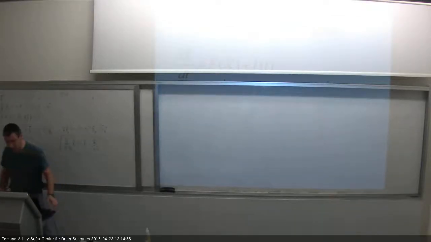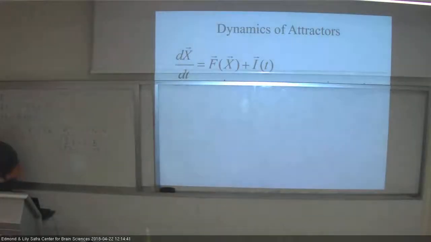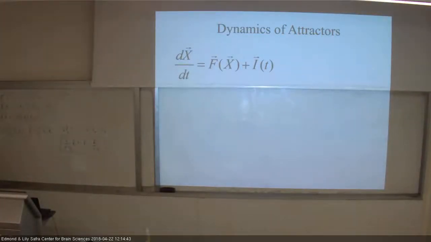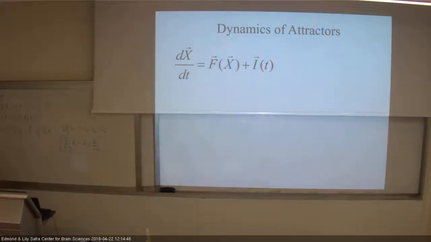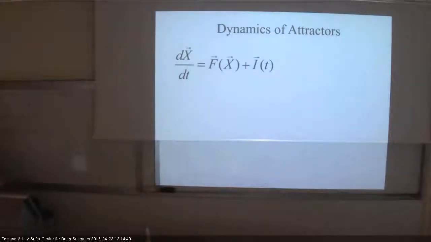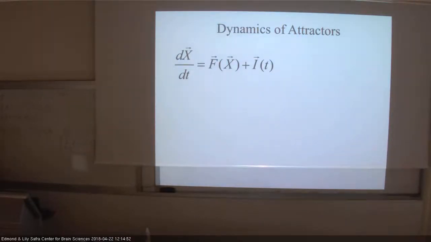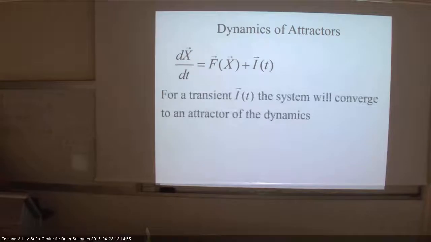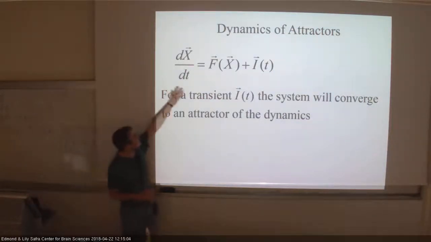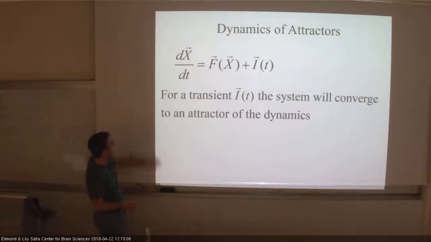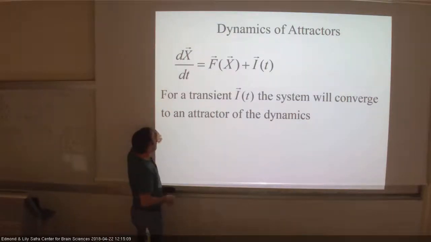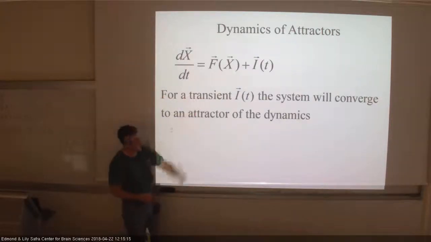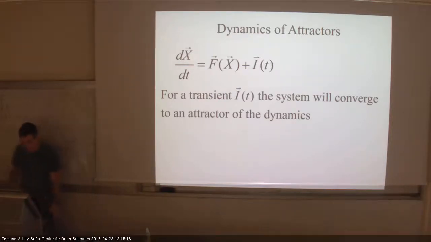So I would like to summarize things and say a few things about the biology. From what we know about dynamical systems, so this is an example of a generic dynamical system, we expect that after transient input, the dynamics will converge to an attractor of the dynamics.